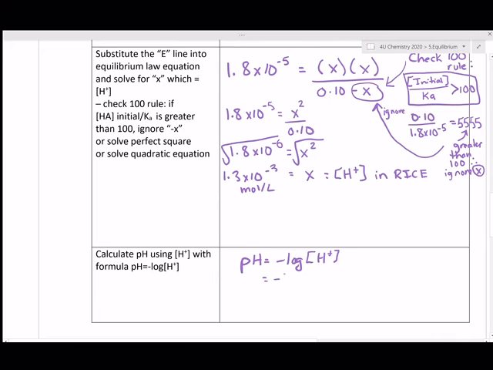And I didn't do a screen lesson, but I will just mention this now. If you remember from grade 11, you do not need to put that negative into your calculator when you do this. I find it kind of messes a lot of people up if they do. So if you just leave it out, at first your final answer would be negative 2.89, but then you know that you need to multiply by negative, and pH values are 99% positive numbers.